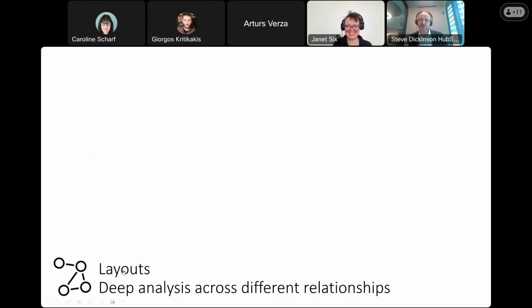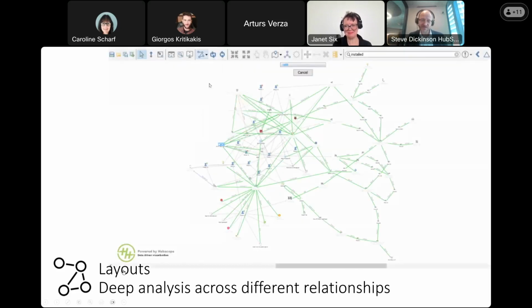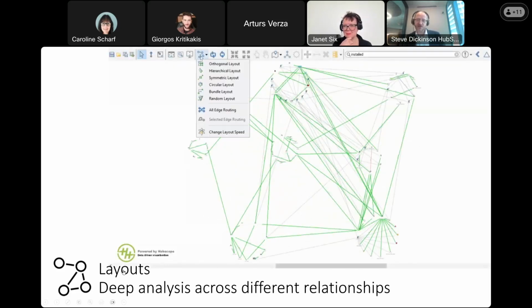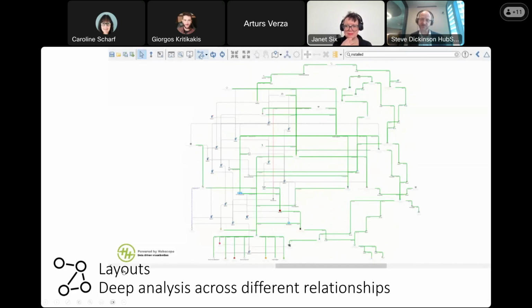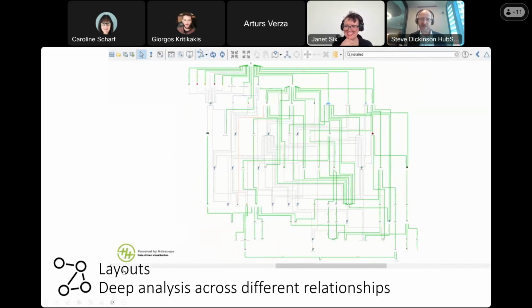This is certainly the one that drew me to Tom Sawyer Software, because I've tried to write the algorithms that do this, and they're not easy. But it's effectively layouts. It's the ability to take a graph and to look at it in different ways. So there's orthogonal, hierarchical, a bundle layout, circular.